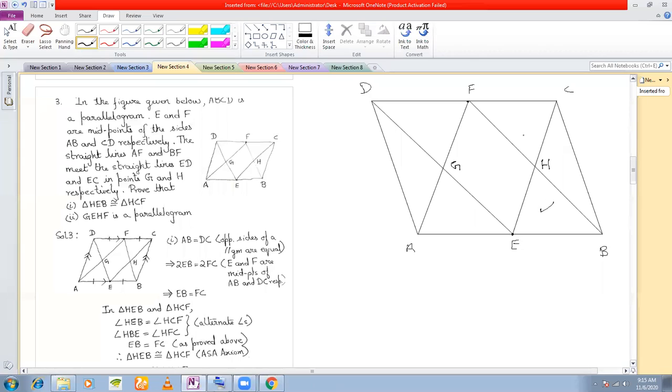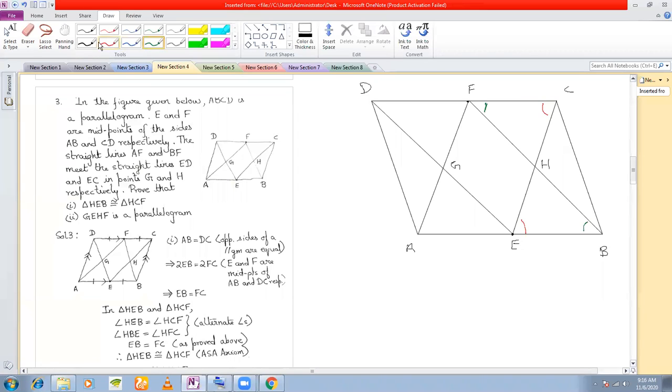HEB is this triangle, and HCF is this triangle. You need to prove that these two are congruent. So I think that should be fairly simple. Let's see. First of all, these two angles are equal, right? And again, these two angles are equal because why? They are alternate angles, and you need one side. So which side can it be?